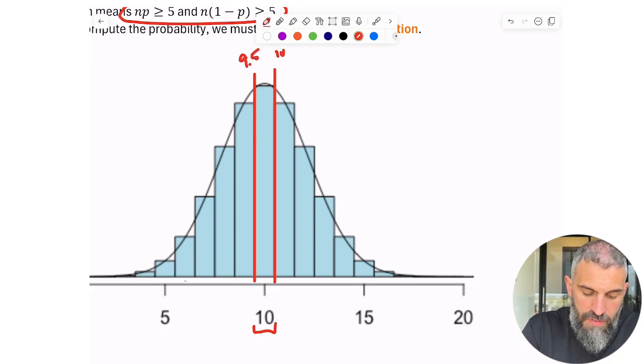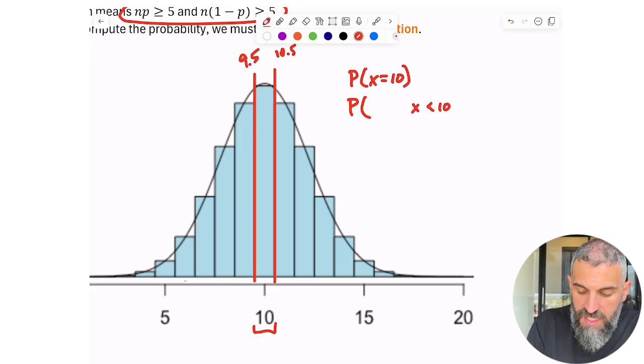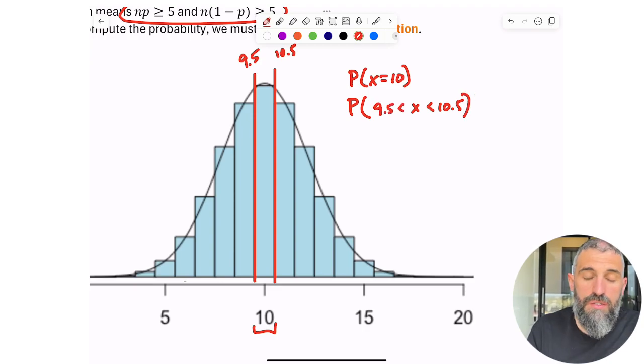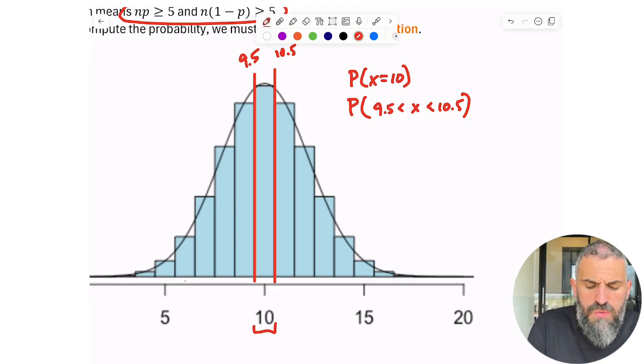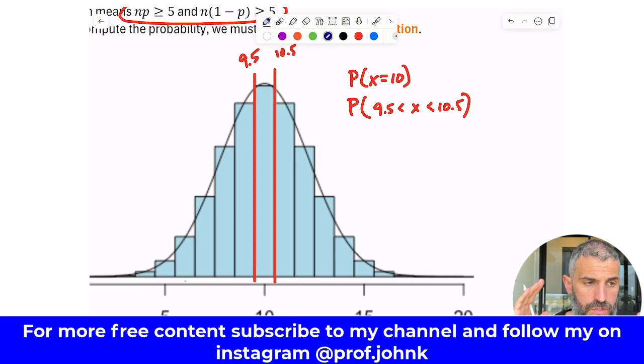So asking you the probability of 10, as a binomial, becomes asking you the probability that x is between 9.5 and 10.5 using the continuous probability distribution. That's called a continuity correction. And it seems weird at first, I get it, but that's how you do it. You always want to use 0.5 basically, right? The number 10 is everything from 9.5 to 10.5.